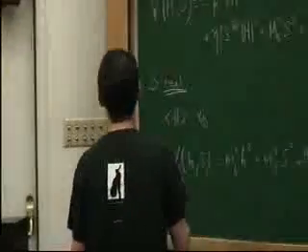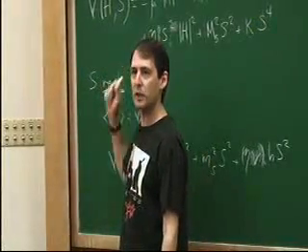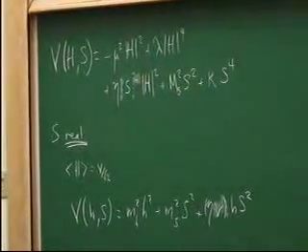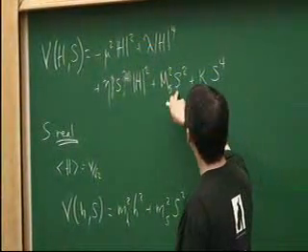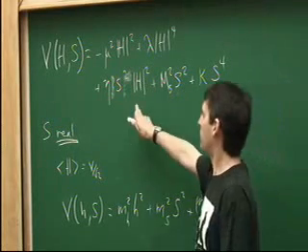I'm just going to take one additional real scalar field and add it to the Higgs potential. Okay, so here are all the terms that you would write down. The usual Higgs potential, quartic and quadratic terms for S, and then a quartic coupling between the two.